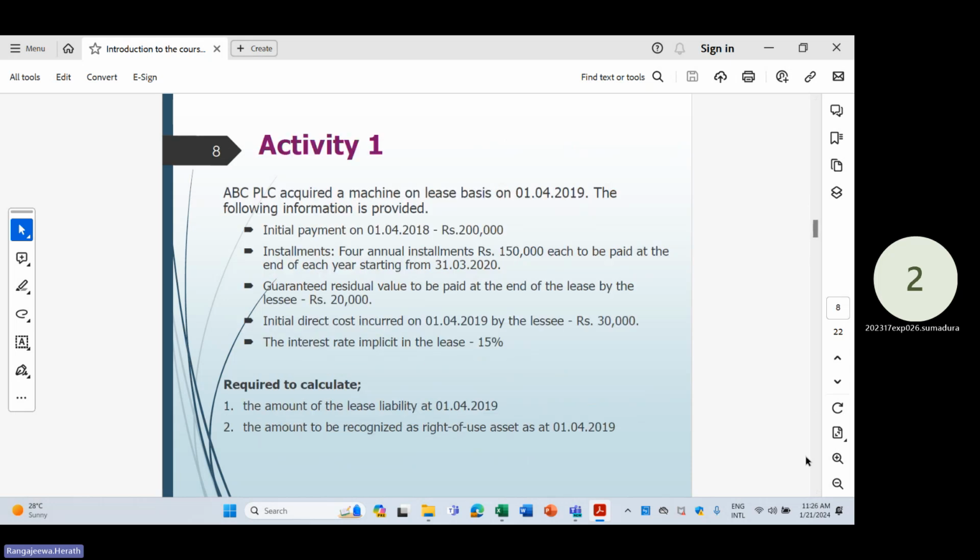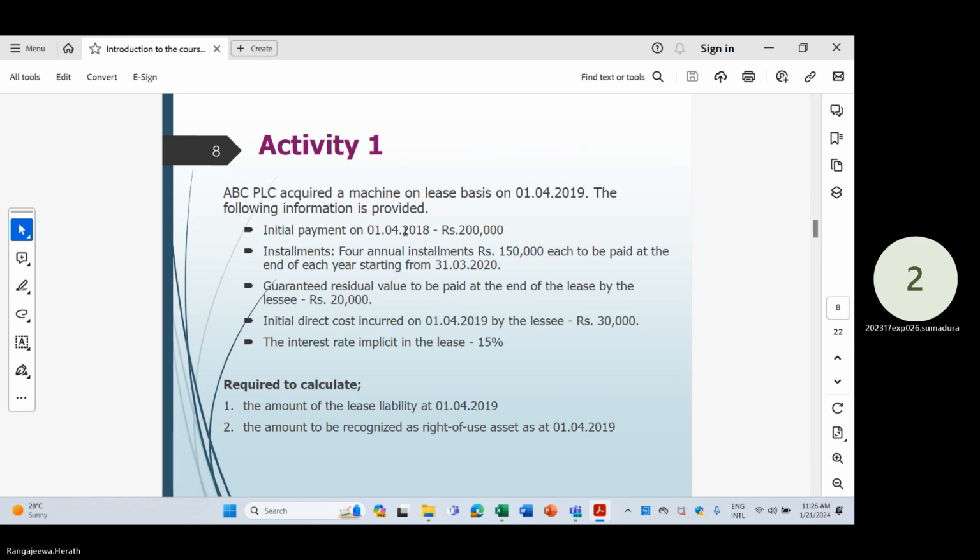So we'll go to activity one first. ABC PLC acquired a machine on lease basis on 1st April 2019. The following information is provided. Initial payment, the down payment, 200,000. Installments, 4 annual installments. What is the date?